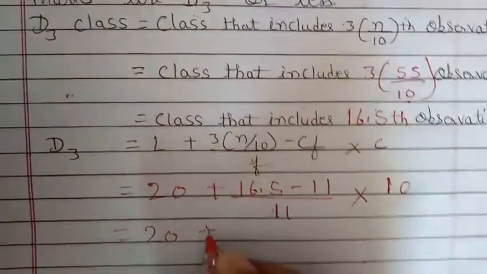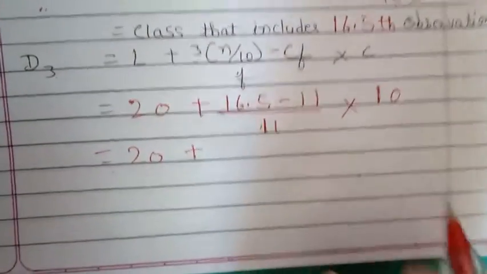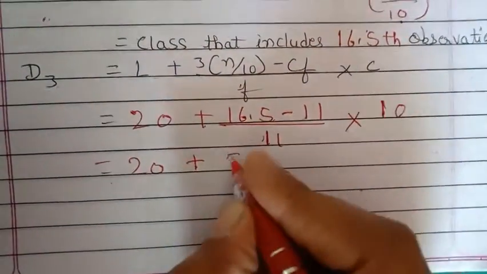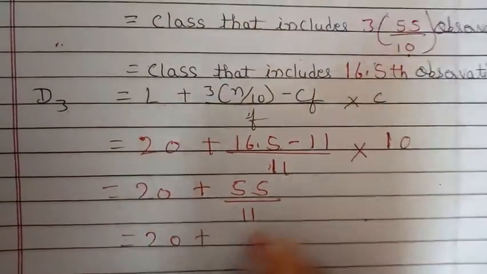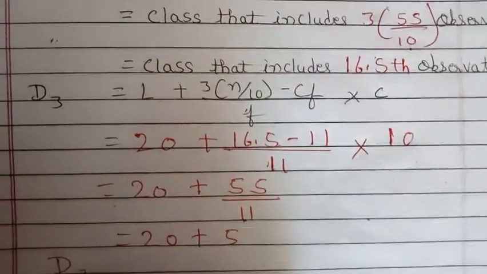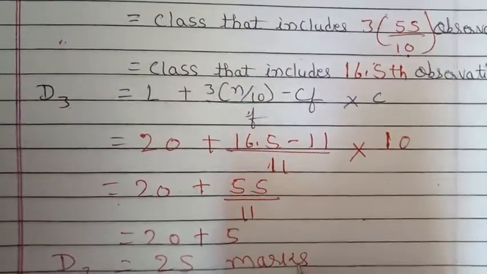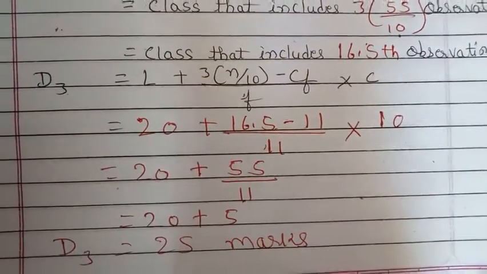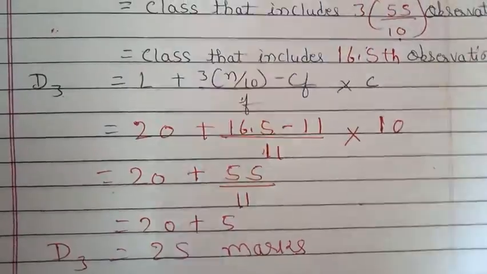So 20 plus (16.5 minus 11, that is 5.5) into 10, that is 55 divided by 11, which is 5. So D3 is equal to 25 marks. Hence the maximum marks of a student who fails will be 25.